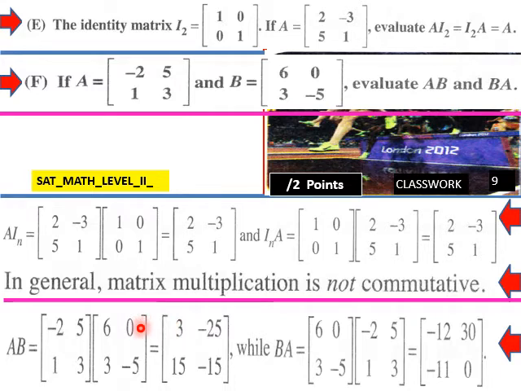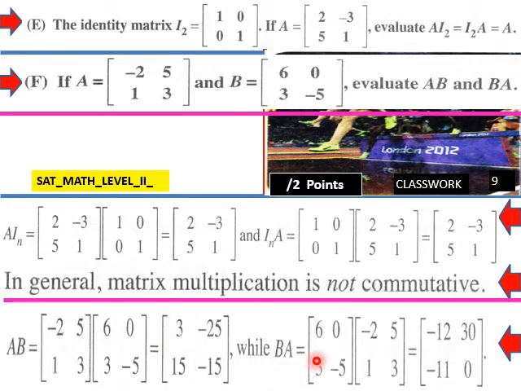And then -2 times 0 is 0. 5 times -5 is -25. That goes there. And then 1 times 6 is 6, and then 3 times 3 is 9. That'll give us 15. And then 1 times 0 is 0. 3 times -5 is -15. So AB gives us this here.